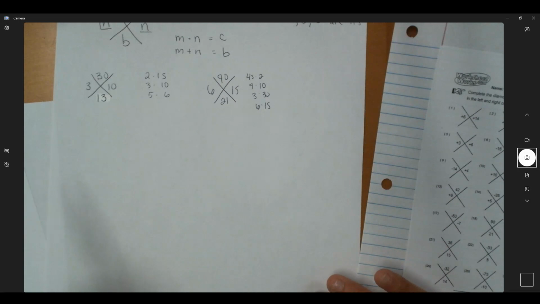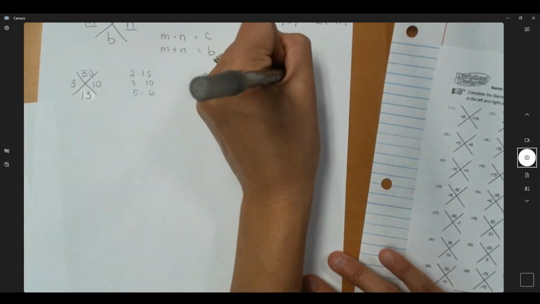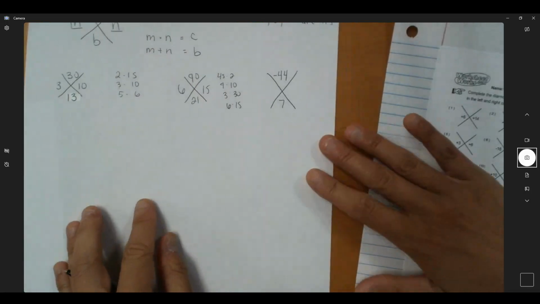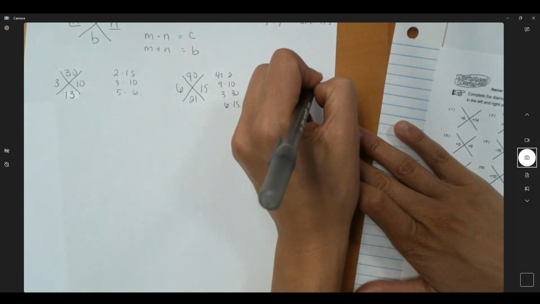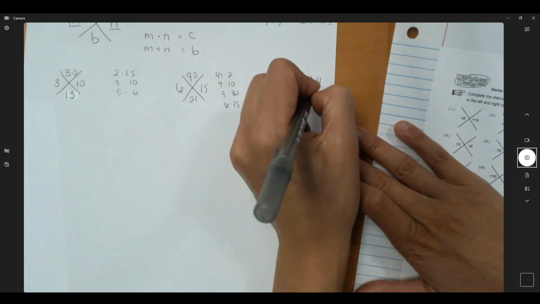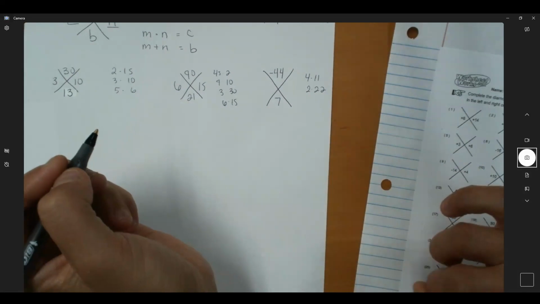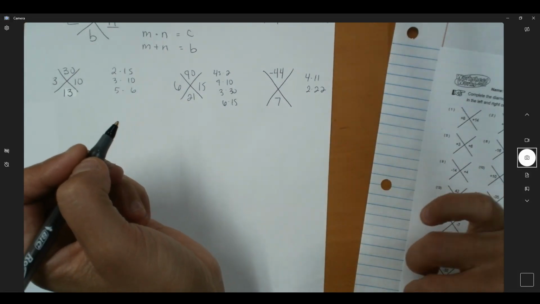Okay, let's try one more. So this one's a negative one, negative 44 and 7. So let's just think of 44 for a second, like 4 and 11, 2 and 22, 4, 5, 6, 7, 8. I think that might be it.